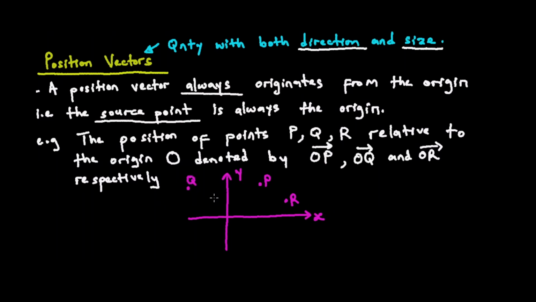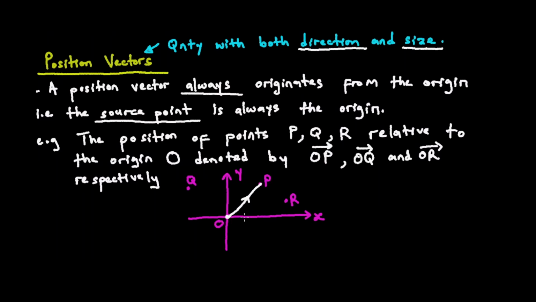So on this xy plane, we are looking for a way of defining these points. But when you are defining a point, of course you need an origin, you need a source. So we elect that our source is going to be the origin, O, here. So if we want to know the vector that starts from O at the origin and reaches P here, we put this direction to show that this is OP.